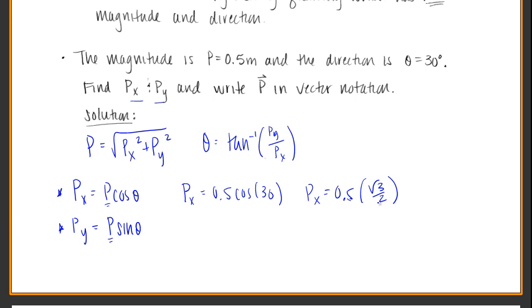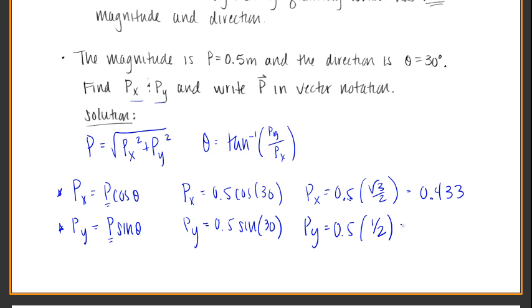But because we actually want to get a point, we're going to call this 0.433. The y portion is 0.5 times the sine of 30 degrees, so it's 0.5 times the y value there at 30, which is a half. So 0.5 times 0.5 is 0.25.